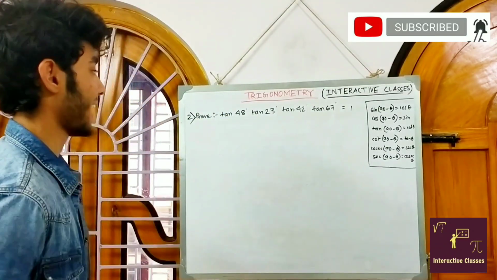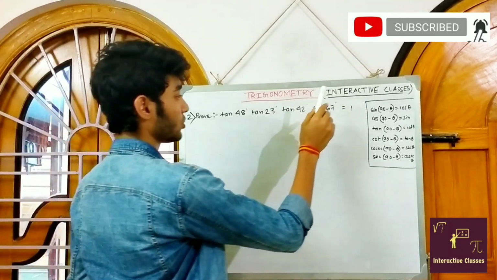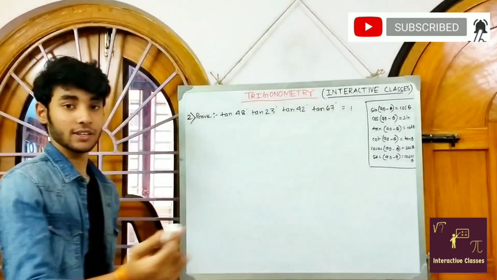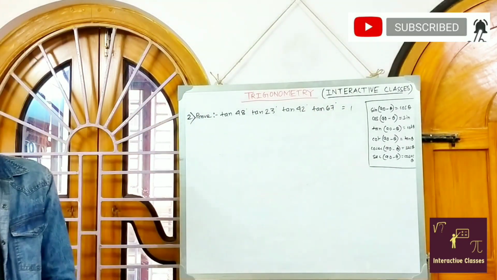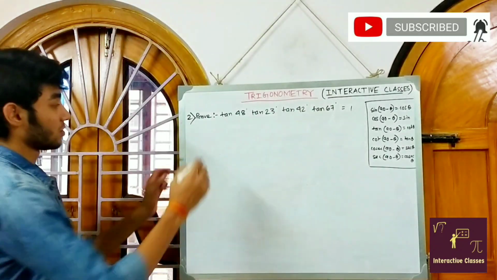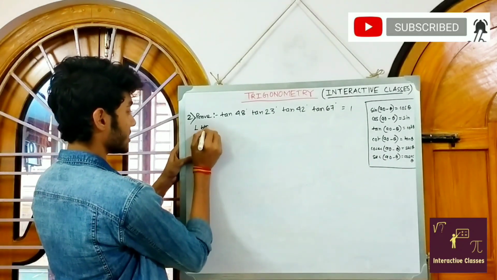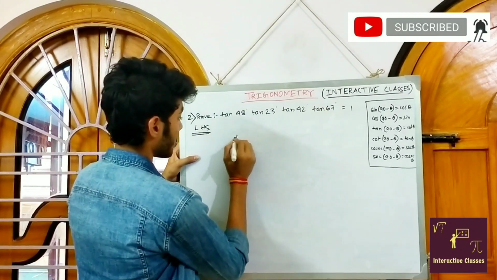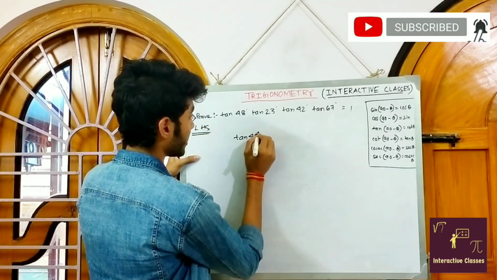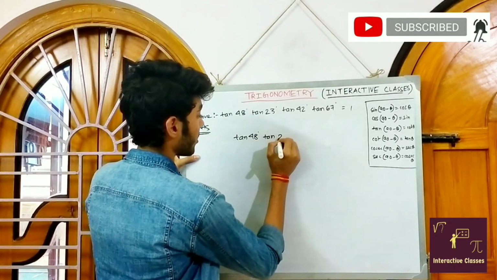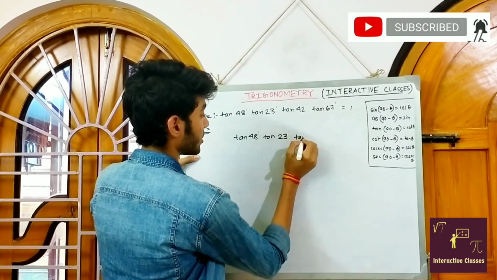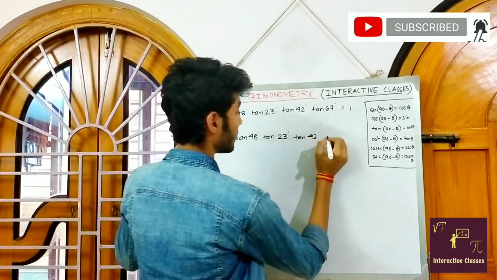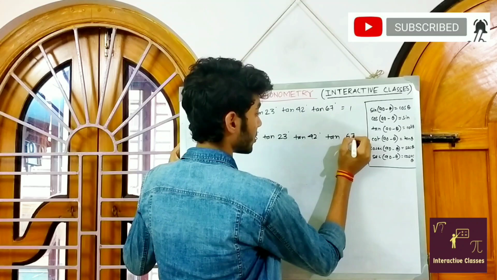Prove that tan 48, tan 23, tan 42 and tan 67 degree equals 1. LHS is tan 48, tan 23, tan 42, tan 67.